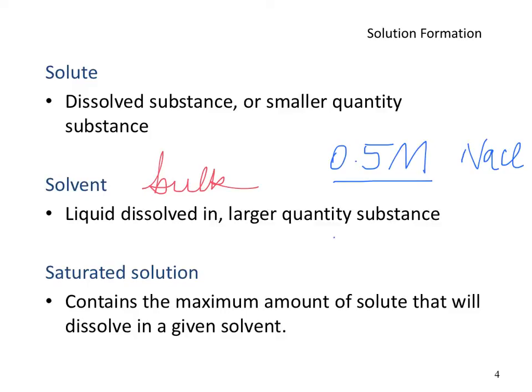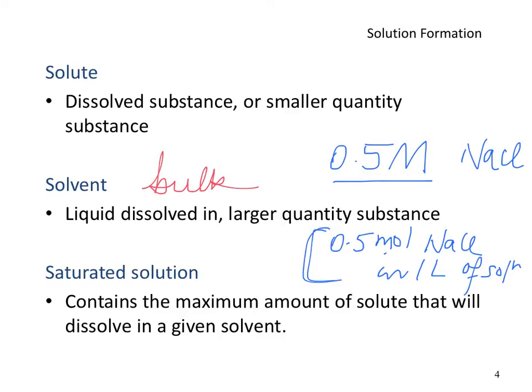That means 0.5 moles of sodium chloride in 1 liter of solution. And like I said, we are going to discuss this at a later time in good detail, but realize for now that a solvent is what is used in the bulk quantity, that is the liquid that you use to dissolve.